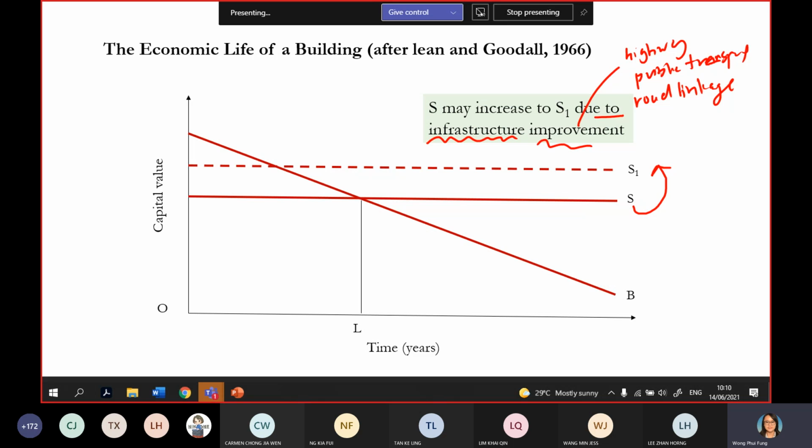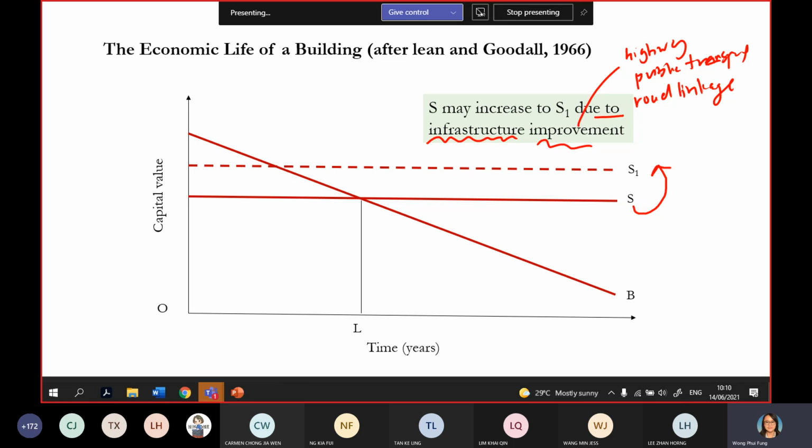That is the scenario that happened in Seremban and Semenyih. Previously, 10 or 20 years ago, the land value was actually not so high because the infrastructure was very bad. It was very difficult to move from Semenyih to KL. You had to drive to KL.